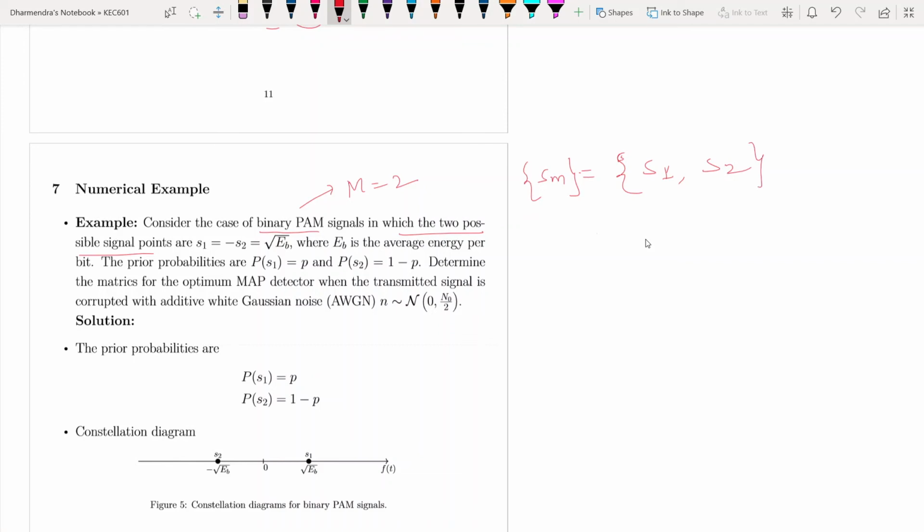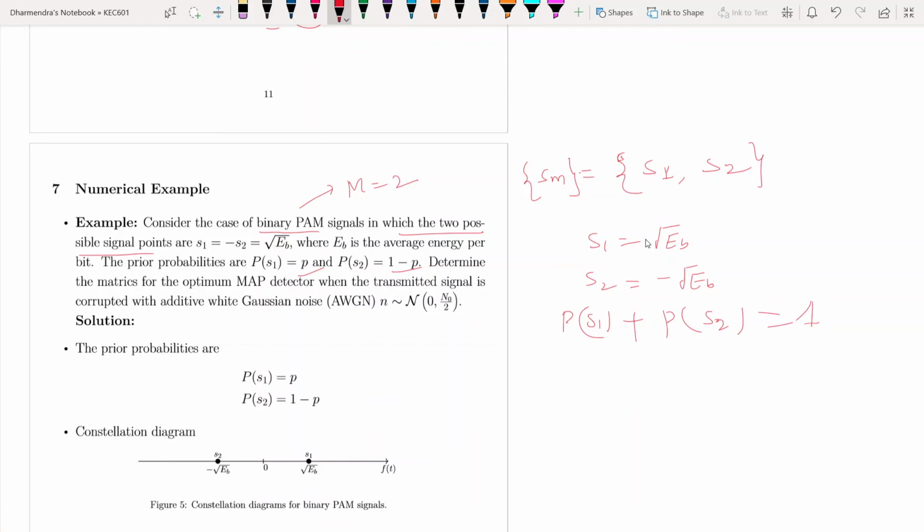Here S1 is equal to square root of Eb, and S2 will be minus square root of Eb. The prior probability of S1, P of S1, is P, and P of S2 is 1 minus P. The total probability should be 1, because the probability of S1 plus the probability of S2 should be 1.